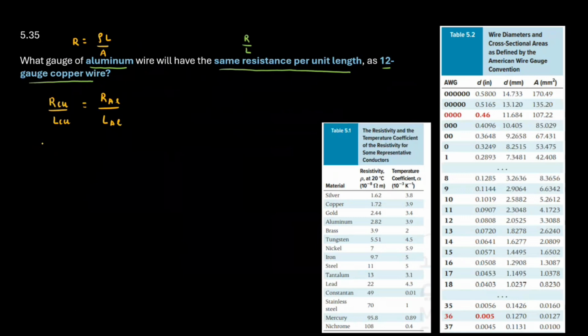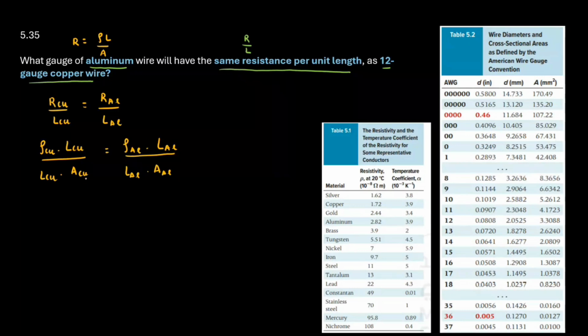R for copper can be written as resistivity of copper into length of copper over length of copper into area of copper, equals the same thing for aluminum: resistivity of aluminum into length of aluminum over area of aluminum into length of aluminum.